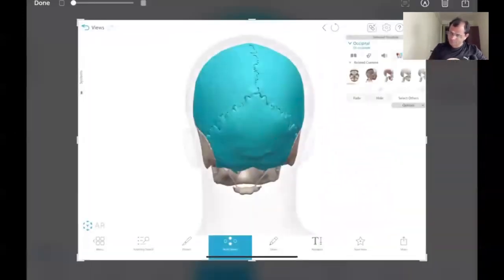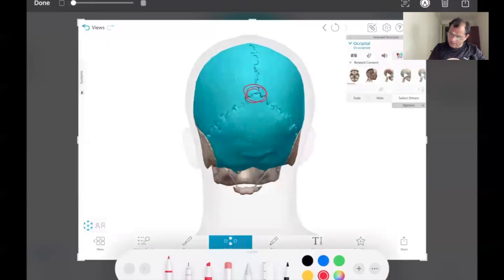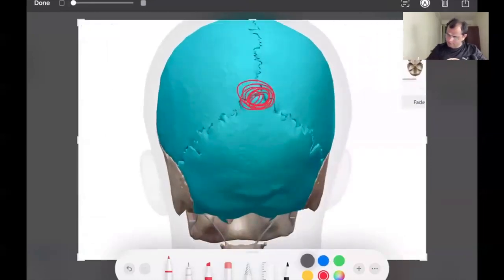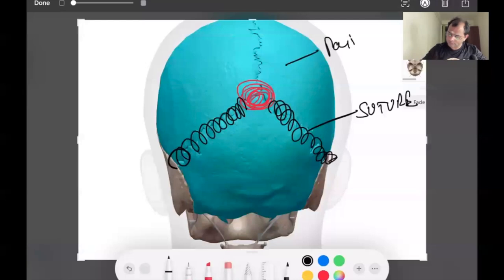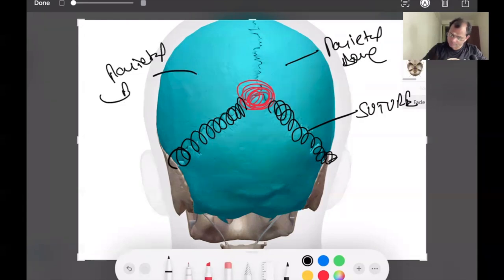Here, lambda is the junction, and on both sides of the lambda, we can see this suture here, this suture here. The suture is connecting the parietal bone with the occipital bone.